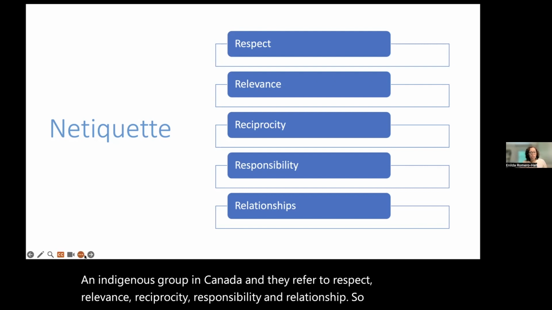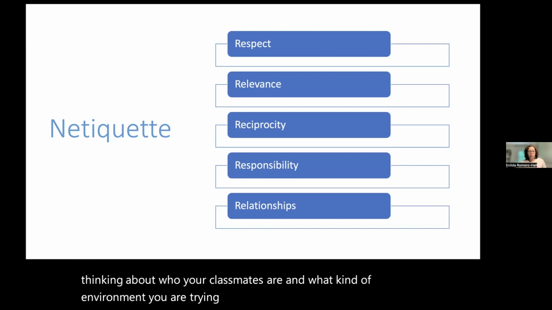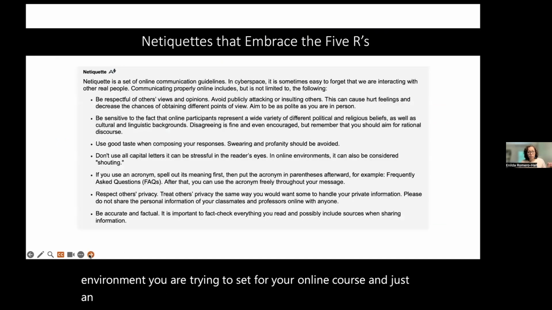So again, just thinking about who your classmates are and what kind of environment you're trying to set for your online course. And just an example of how these 5 R's translate into netiquette.